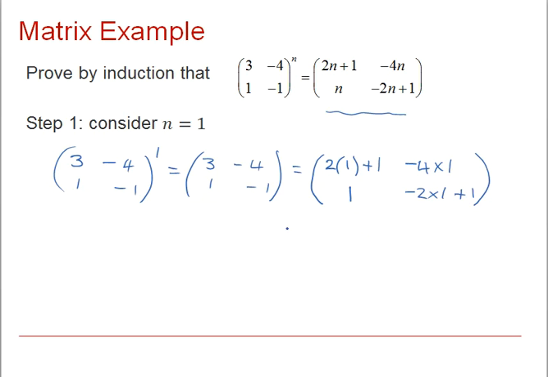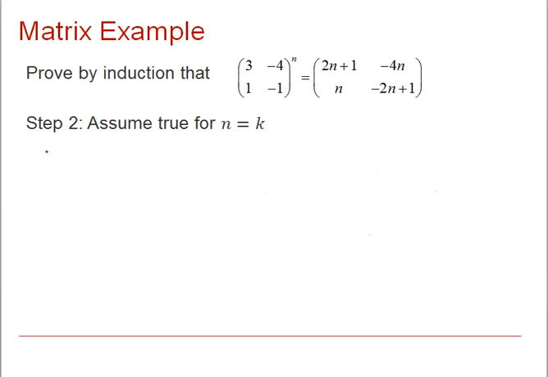We have thus shown that this is in the form (2n+1, n; -4n, -2n+1) when n equals 1. Hence, the result is true for n equals 1.